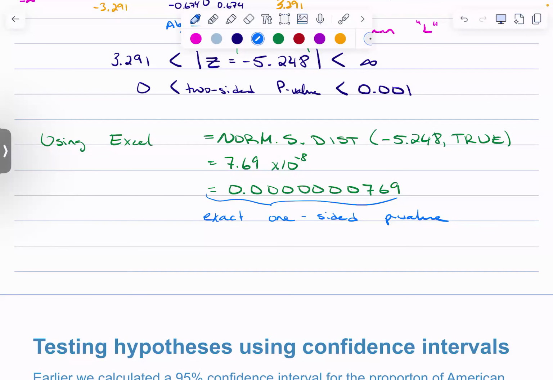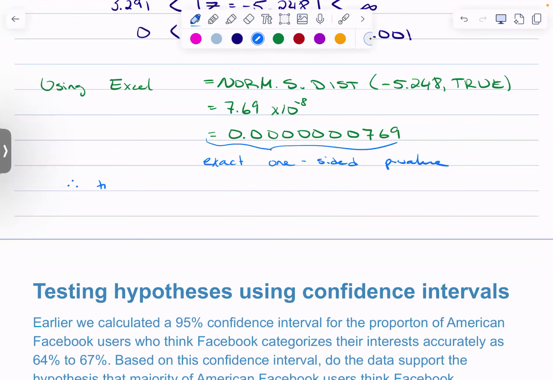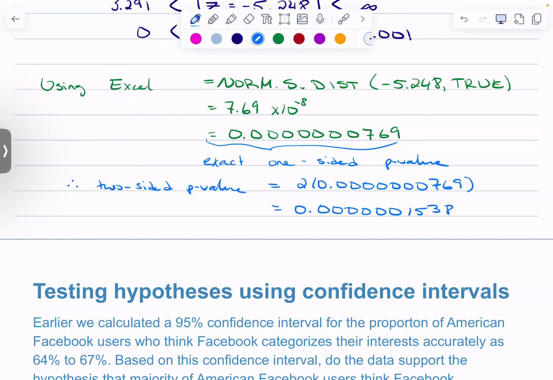0.00000000... 1 less. 7, 6, 9 times 2. Therefore, the two-sided p-value is 2 times 0.0000001538.